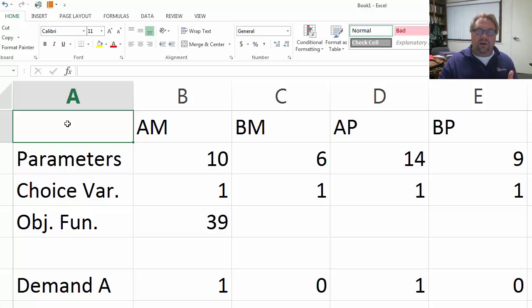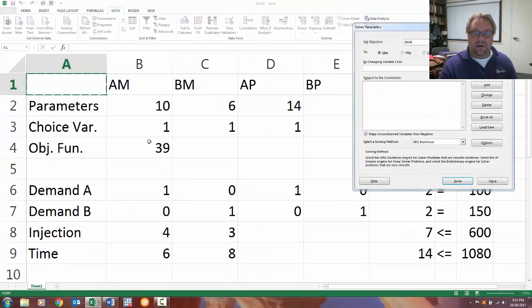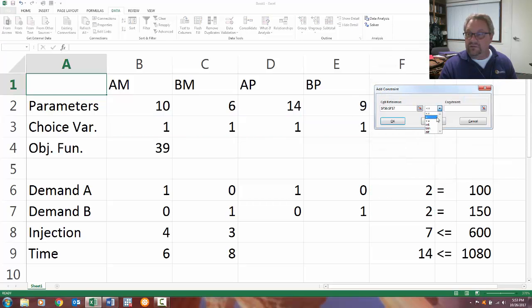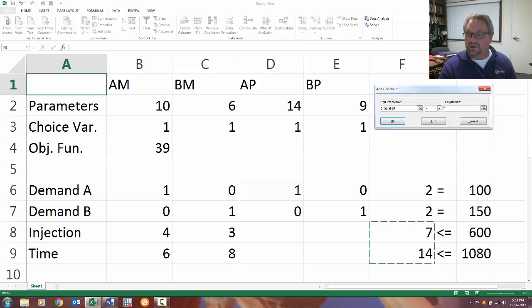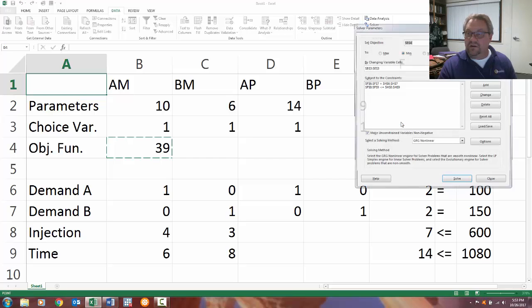So we are now ready to solve this problem. So I'll do the Solver. My objective function, I want to minimize this by changing these 4 cells. And I want to set these two constraints equal to these two numbers, and then these two constraints less than or equal to these two numbers.